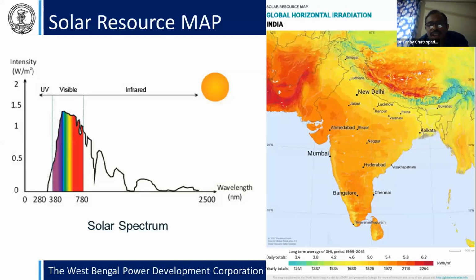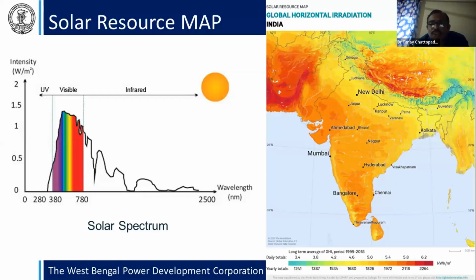So obviously India grows with solar generation in the western region, where better irradiance can be found.